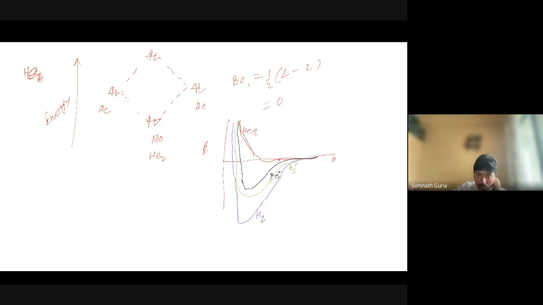Okay, so why is it so? This is He2 and this is He2 plus. And here we are finding some bonding in this region. The maximum R value is around 6000 pm.